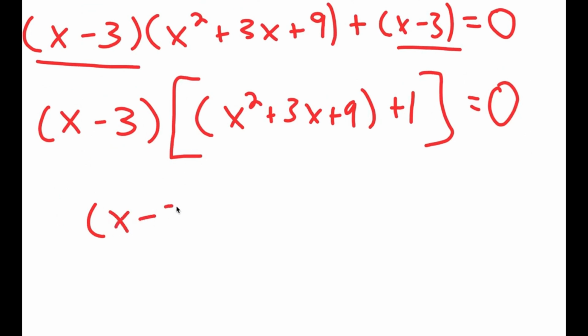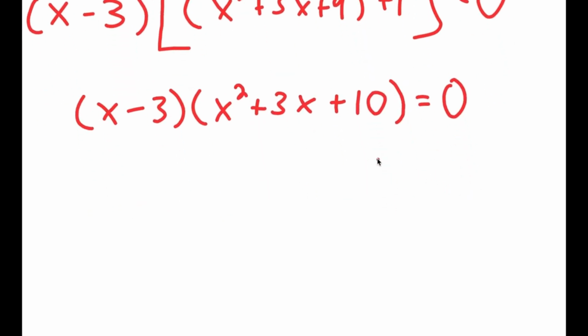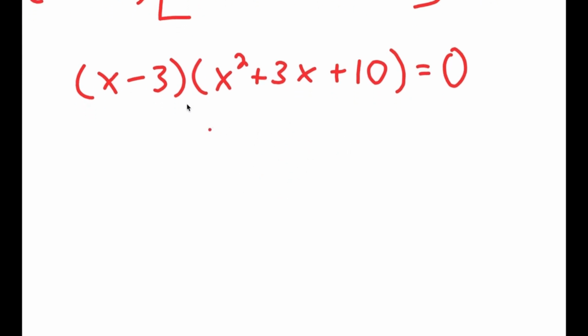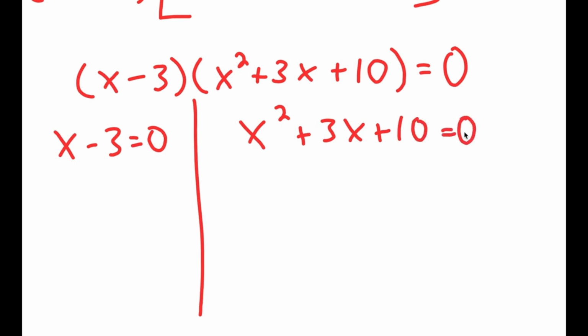And this is equal to x minus 3 times x squared plus 3x plus 10 is equal to 0. And now I have two equations from this. I get x minus 3 is equal to 0, and x squared plus 3x plus 10 is equal to 0.